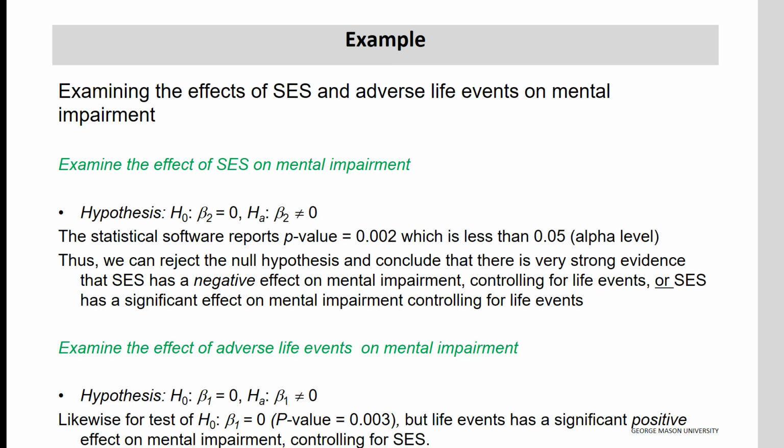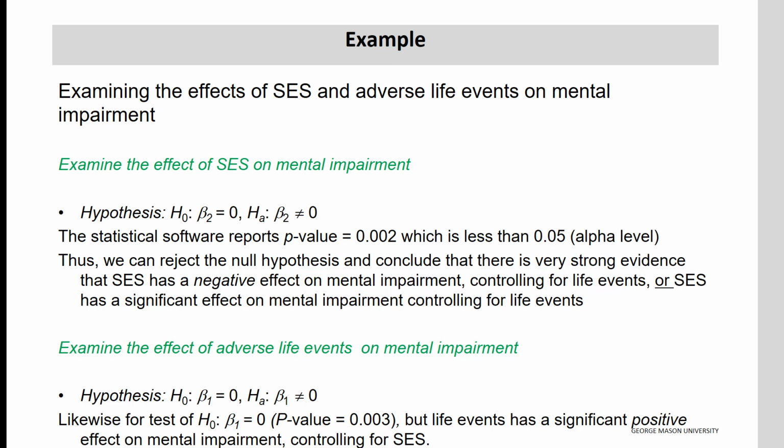So let's take a look at the example of mental impairment and the effects of SES and adverse life events on this dependent variable. When we examine the effect of SES on mental impairment, we'll set out the hypothesis as follows. The null hypothesis would say that SES has no effect on mental impairment, meaning beta 0, the slope, equals 0.